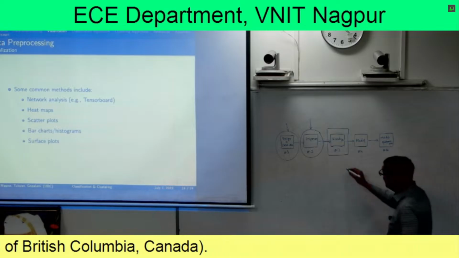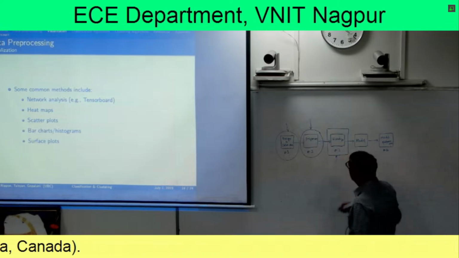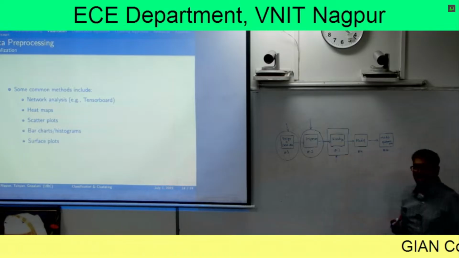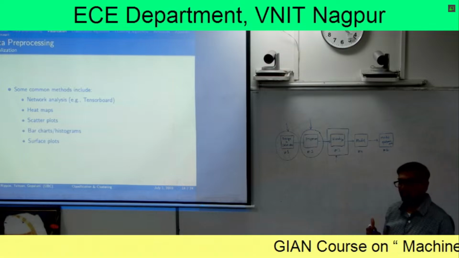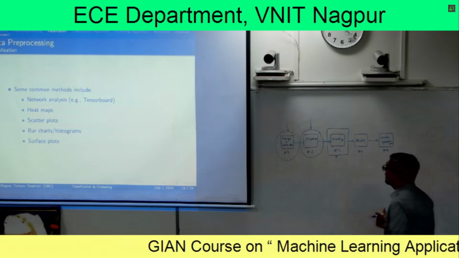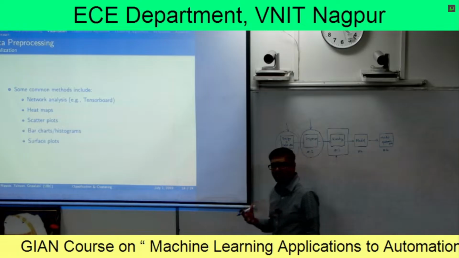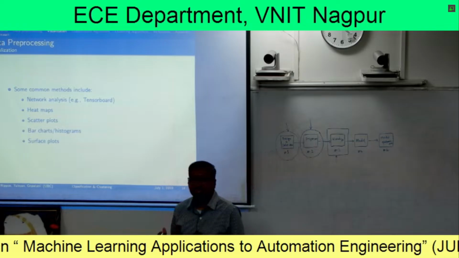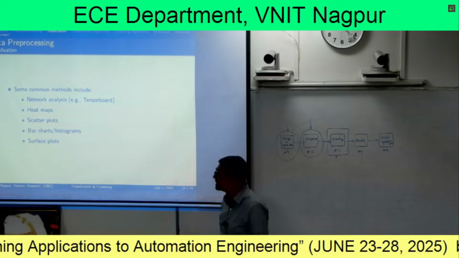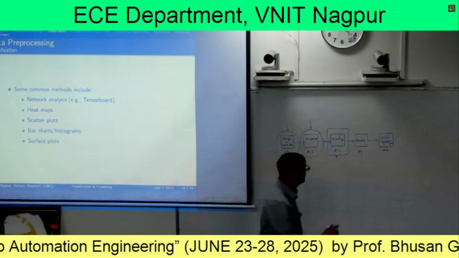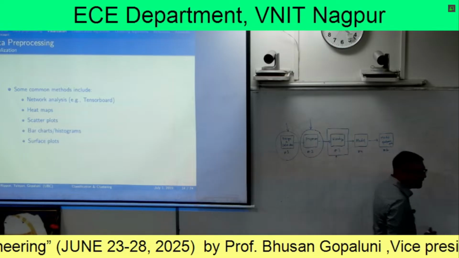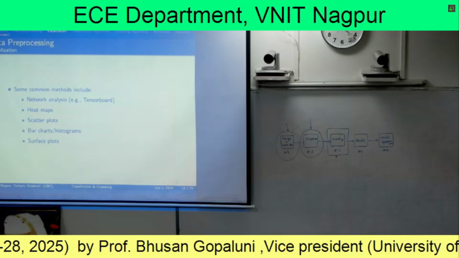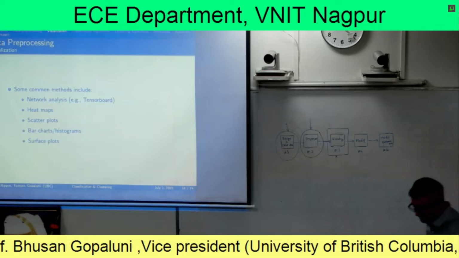In addition to that, I'm also a firm believer in maximizing the value of these visuals before you use machine learning tools. Okay? So you want to get the maximum out of your data by simply visualizing it, even before you use any machine learning tools. So this is a very important step. There are many different ways in which you can visualize data, and I'm going to show you some examples this morning.